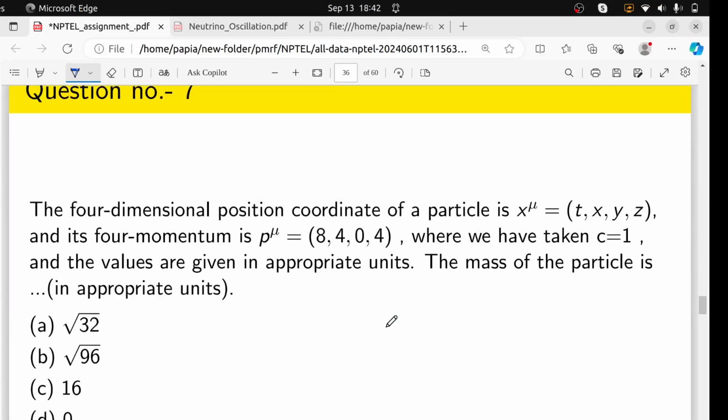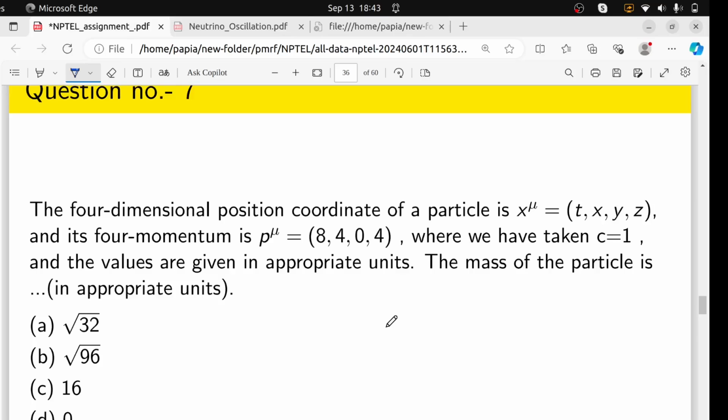The 4-dimensional position coordinate of a particle is x mu equals t, x, y, z, and its four-momentum is p mu 8404, where we have taken c equals 1, and the values are given in appropriate units. The mass of the particle in appropriate units will be how much?